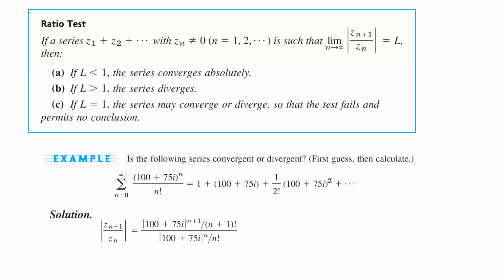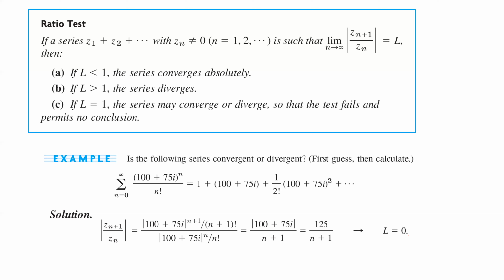And you see, you get a lot of cancellations. The result will be the absolute value of 100 plus 75i divided by n plus 1. And the absolute value of 100 plus 75i becomes 125 divided by n plus 1, and that goes to 0 as n goes to infinity.